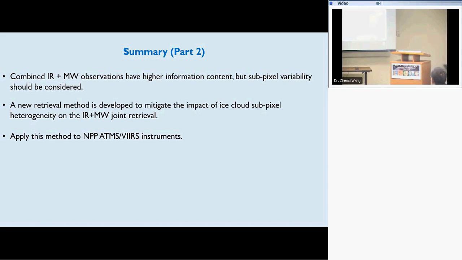At this time, we just wrote this method to collocate ATMS and MODIS instruments, but in the future we will change our infrared model to VIIRS also. So once I have done that, we can apply this method to MPP, ATMS, and VIIRS instruments. Yeah, I'll finish here. I'm happy to take any questions.